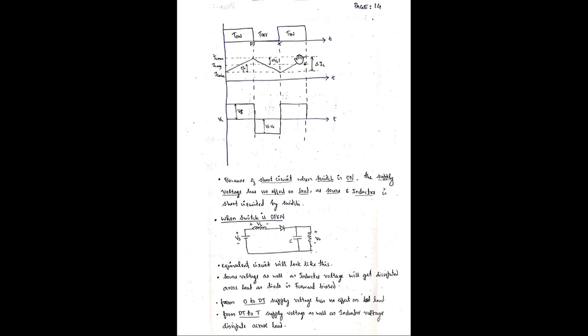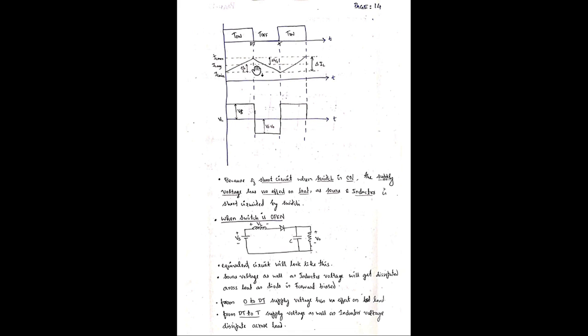So boost converter. And this one is ripple in inductor current. We have to find the ripple in inductor current del IL. We already know VL on is equal to Vs. And from this figure, we can see the inductor is charging from IL minimum to IL maximum.